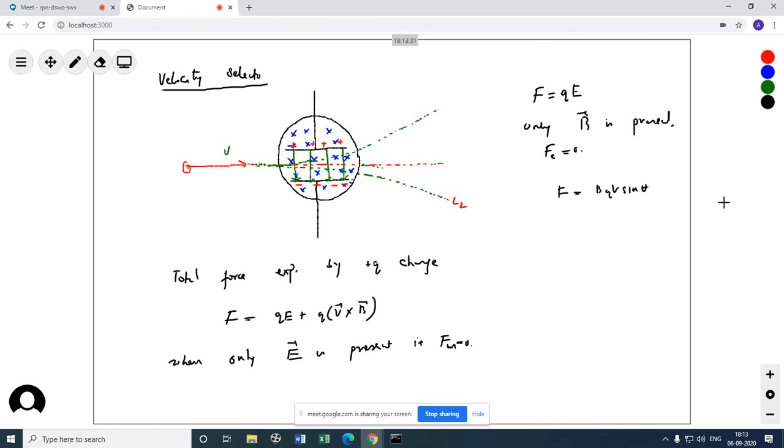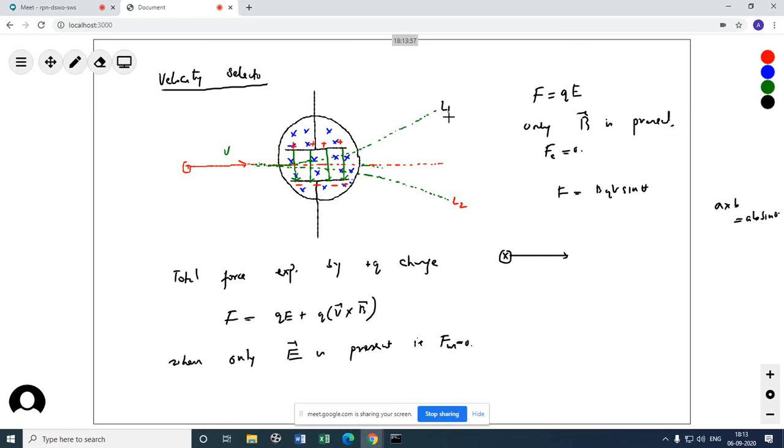How I am writing this: if you remember, A cross B is written as AB sine theta, right? So that property I am using. So V is this side, qV sine theta, and cross means V cross B, up.